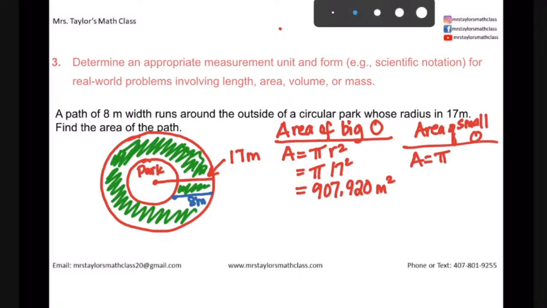If from here to here is 8, that means that from here to here is 9 meters. So this is going to be 9 squared. So that's what, 81 times pi.